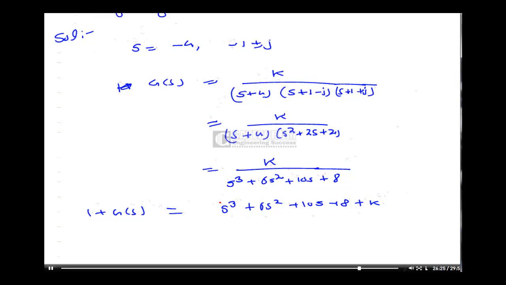We will exclude the denominator part and take only the numerator part, because 1 plus G(s) is the denominator of that. Now from this we will make a Routh array and find the value.